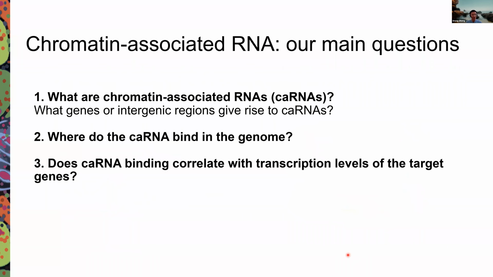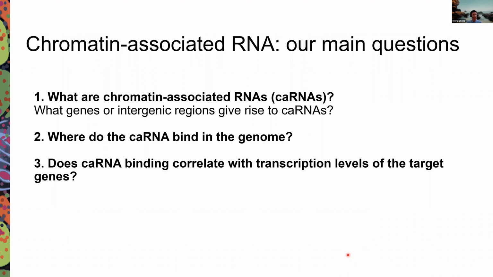Our main questions when we started to investigate this type of RNA are as follows. The first is, what are the chromatin-associated RNAs? Previously, we've seen a few examples from the literature, but in general, what genes or intergenic sequences give rise to these CA RNAs?